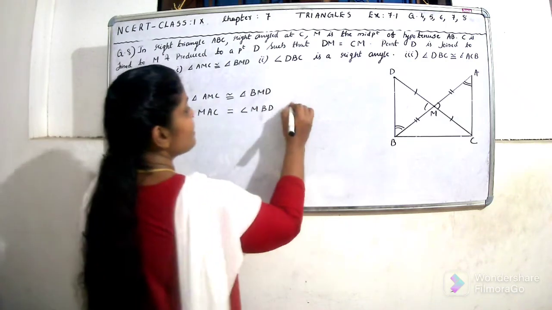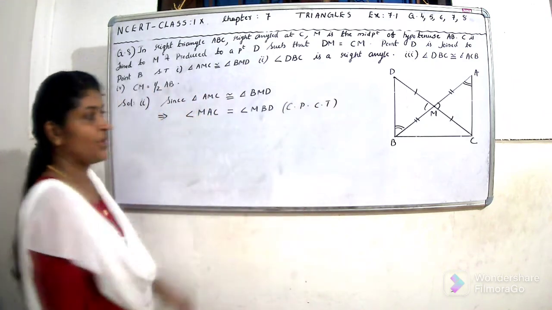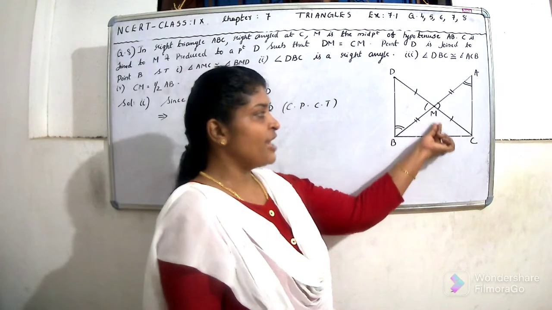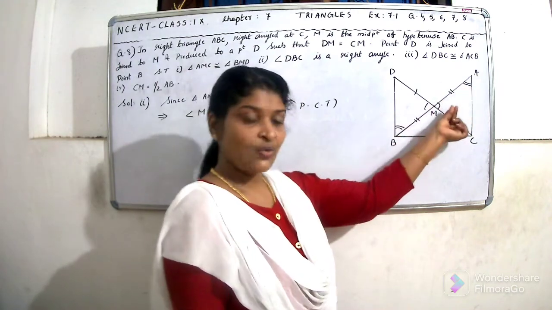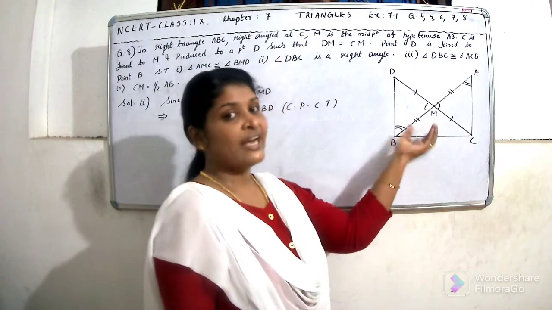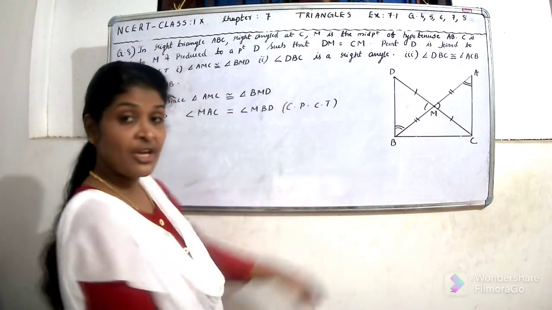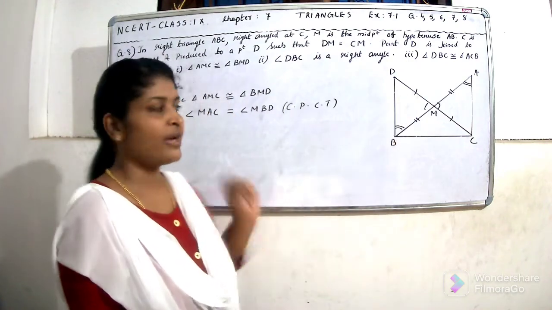What is the reason? Because of CPCT. Now with these two angles, we add a common part. These two angles are equal, and if equals are added to equals, the entire angles are equal. We used this method in the previous two questions, so the same logic we are applying here.